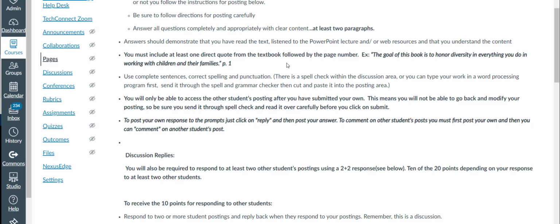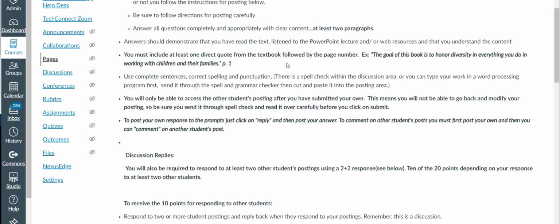You must have a quote from the readings, the articles, or the textbook, depending on what class you're in, so that I know that you can support your answers with facts, with logic, with actual research.